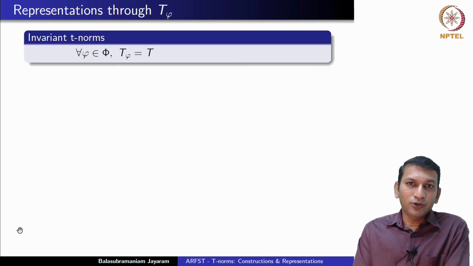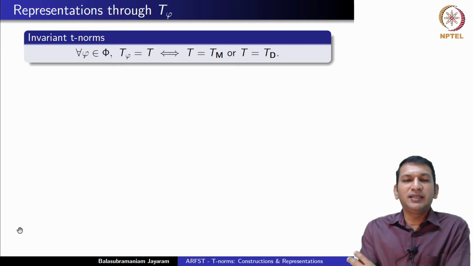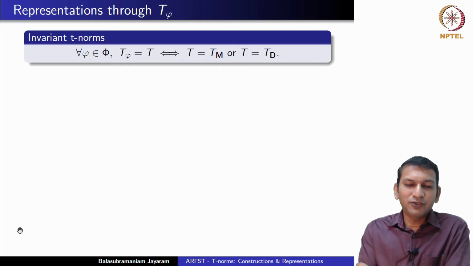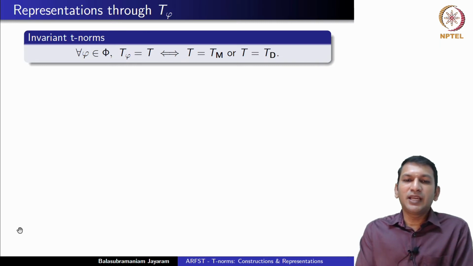However, if for a T-norm, no matter which increasing bijection on the unit interval you consider, T phi is equal to T, then what we know is it either has to be the minimum T-norm or the drastic T-norm. So you see here, we have some kind of an idea of what characterizes the minimum or the drastic T-norm.